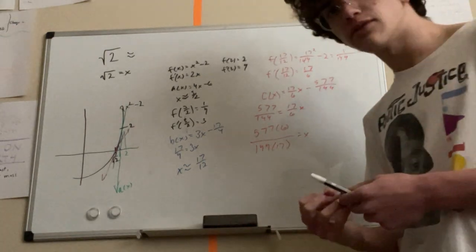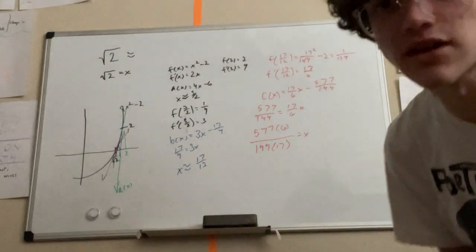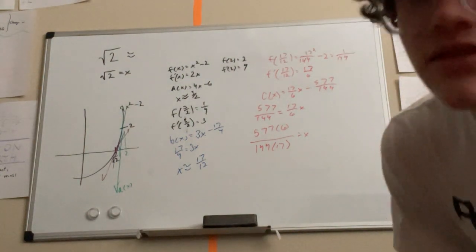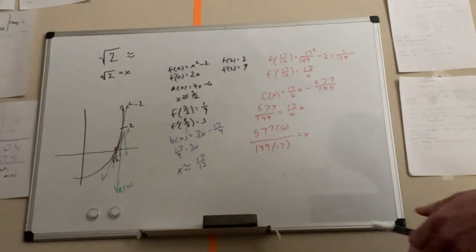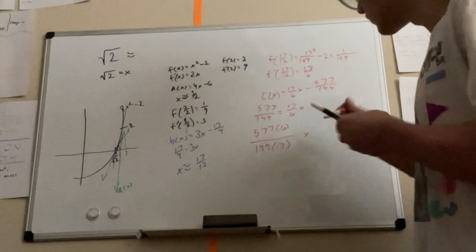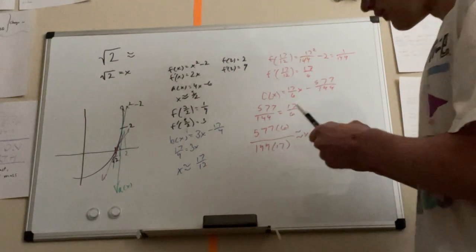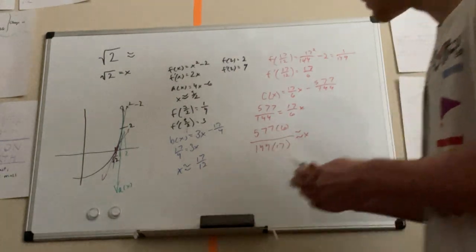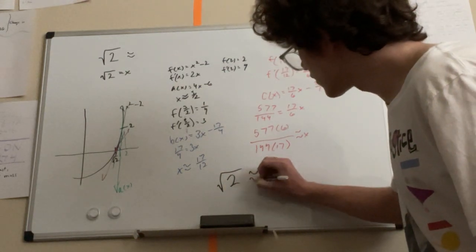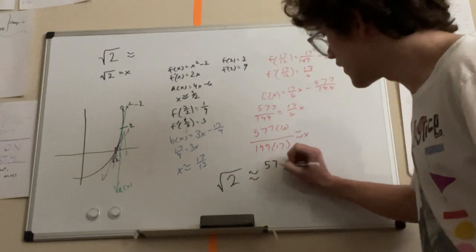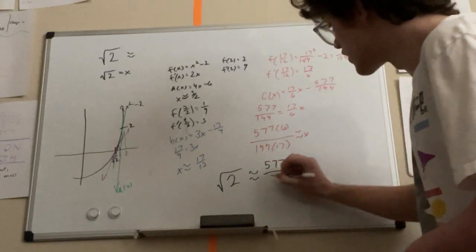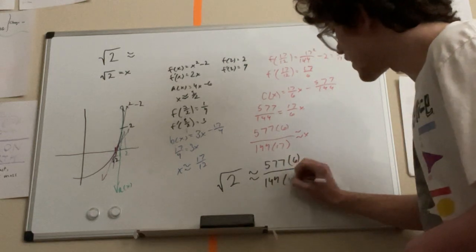Now, we're not going to simplify it down because that's something you could just use on a calculator. Is that clear? Okay. Yeah, it is. So, we can reasonably conclude that the square root of 2 is roughly about 577 times 6 over 144 times 17.